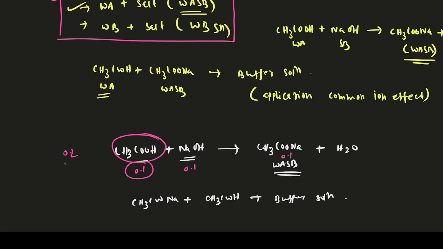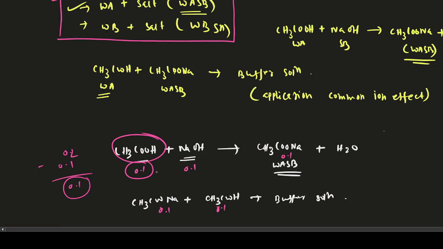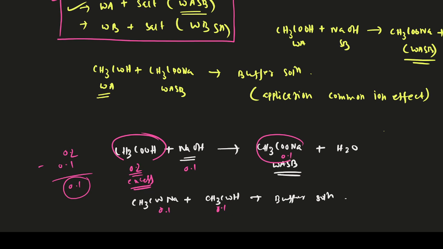So from 0.2, 0.1 molar has been left, and that 0.1 molar again we use. So you have to take 0.2 molar; this should be in excess. Then this remaining part is left. So again after synthesis of this, we will react with this one which is in excess.